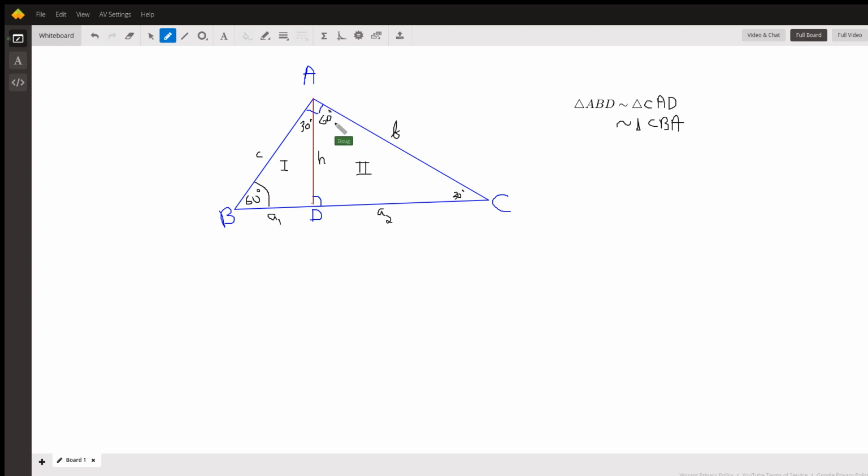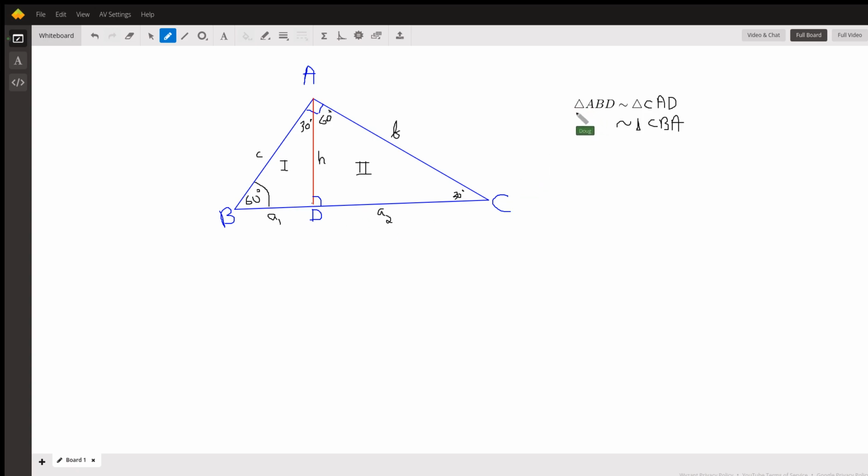So this would be 90 minus alpha. This would be alpha. And so we have three 30, 60, 90 triangles. Triangle 1 and triangle 2 are the little triangles, and the big triangle is also 30, 60, 90. So all three triangles are similar to each other.